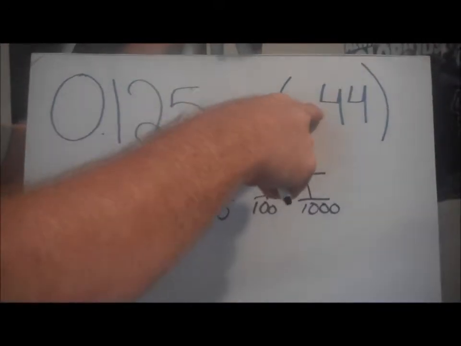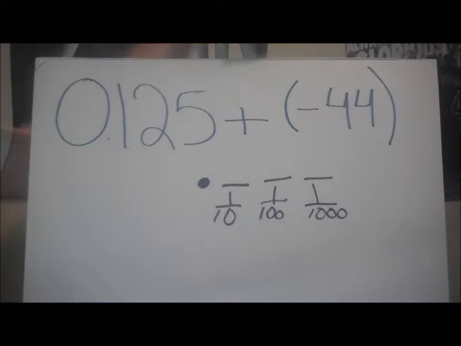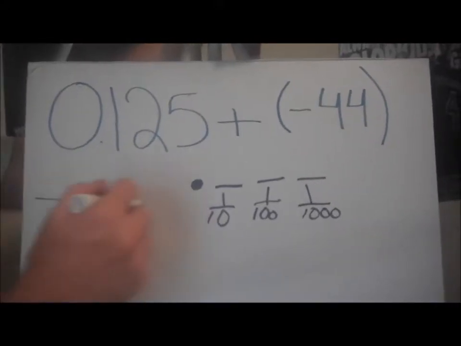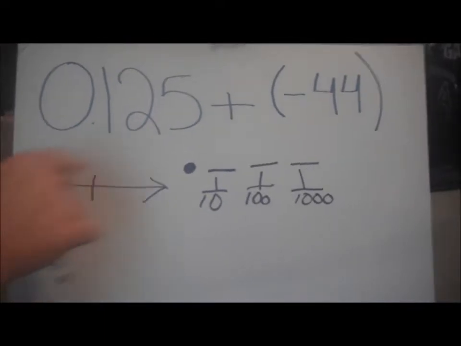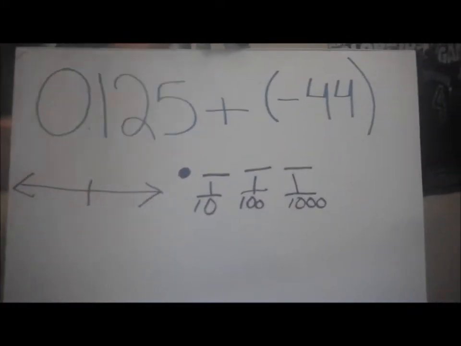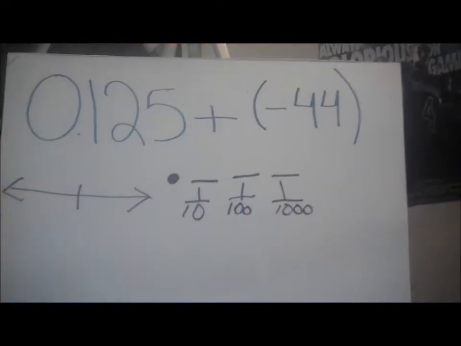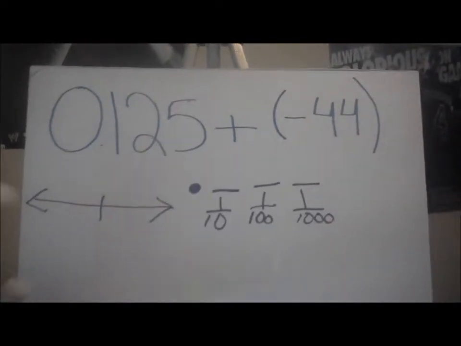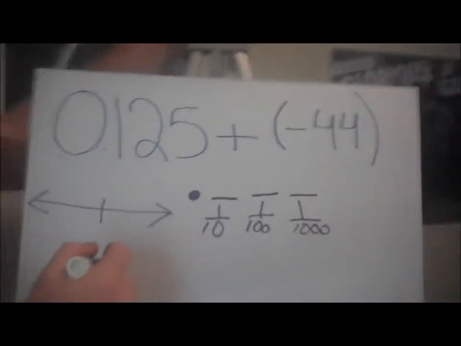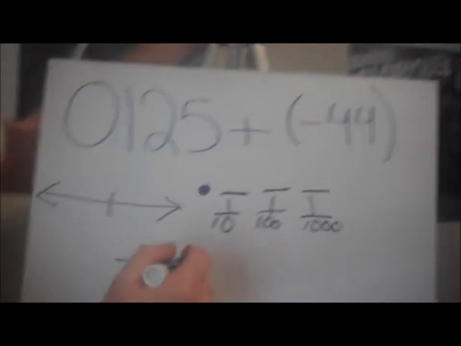Now we have a negative number. Negative numbers are always smaller. Remember our number line. Anything to the left is smaller. But what we want to do is start off with writing the negative integer first. So I'm going to make that negative 44.